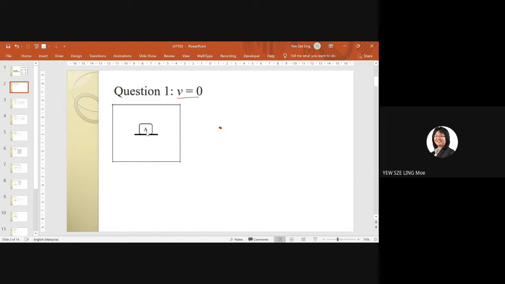So first, if you look at this object A, try to ask yourself 5 questions again. Is this an object? Yes, it is. So if it is an object, what does it have? It has a weight. Is it being hung by any strings or wires? No, so there's no tension. Now it's not moving, so definitely no friction.